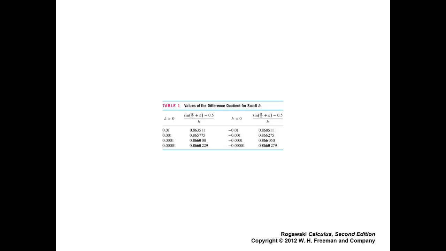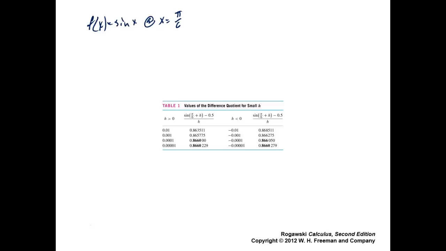Estimate the derivative of f of x equals sine x at x equals pi over 6. Okay? Estimate the derivative of f of x equals sine x at x equals pi over 6.